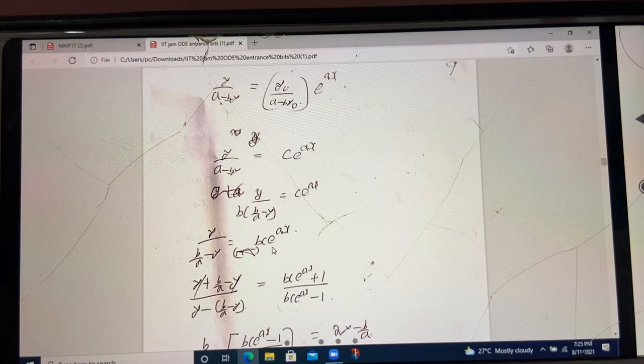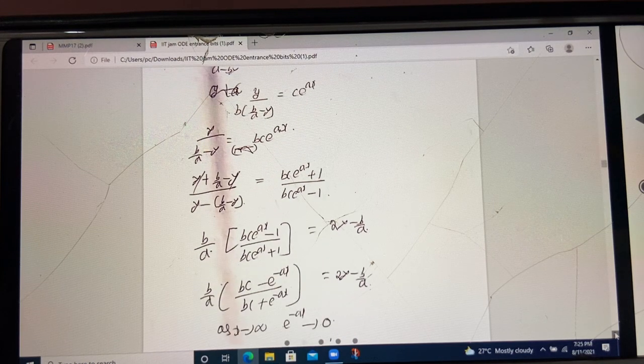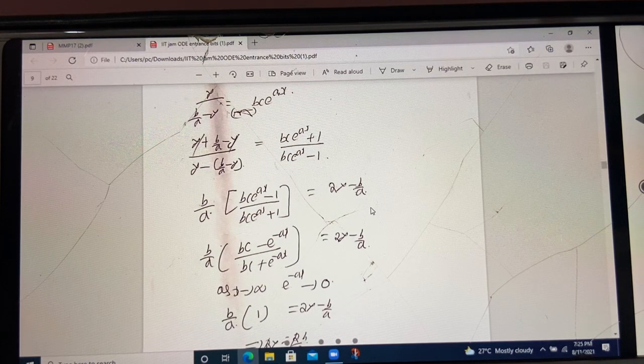If a by b is equal to c by d, then a plus b by a minus b is equal to c plus d by c minus d. Because we have to get the y value, this is the one. 2y by b by a, cross multiply. Now divide by e power ax, you will get e power minus ax.